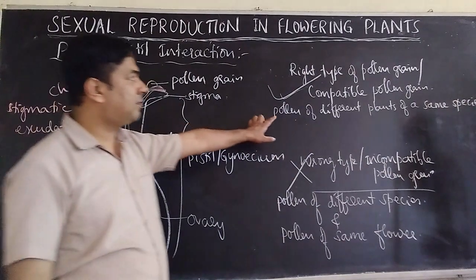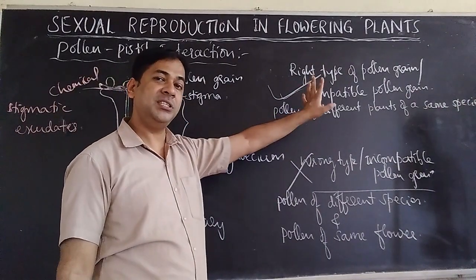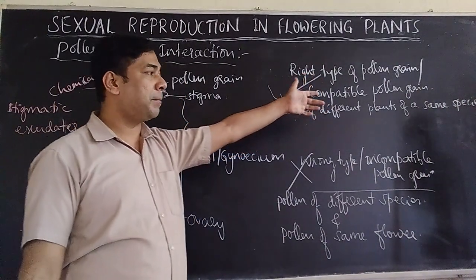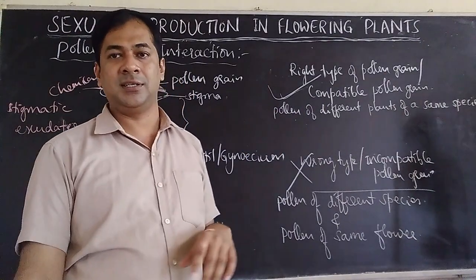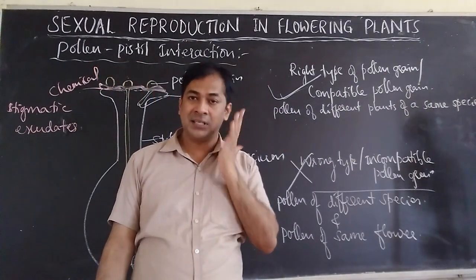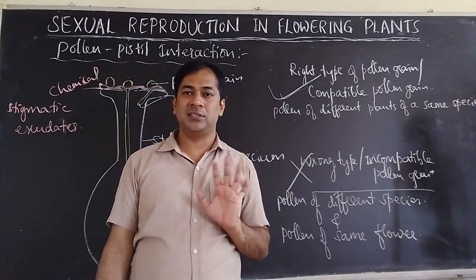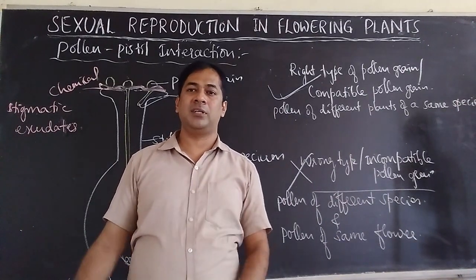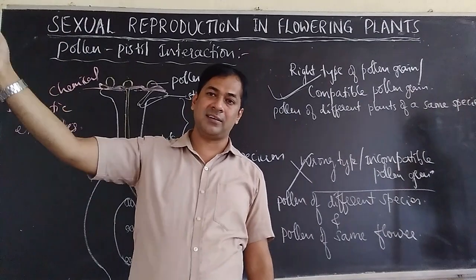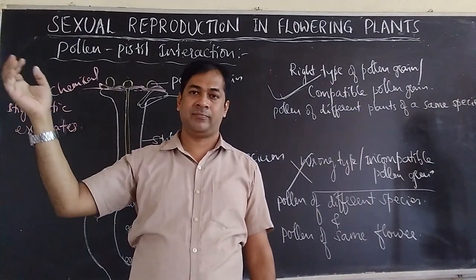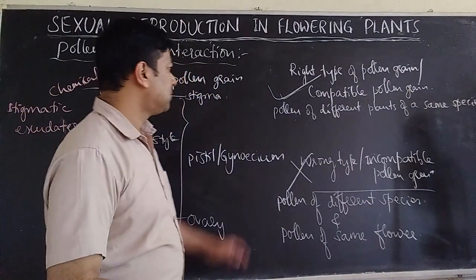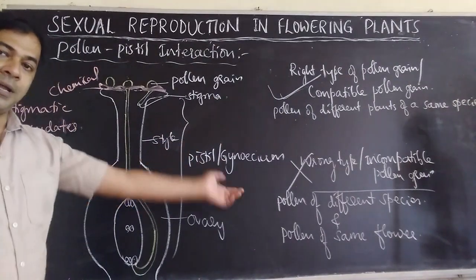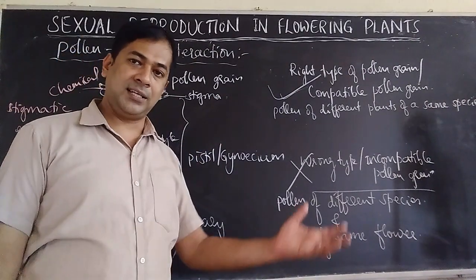Pollen grains of different plants but the same species. Because a plant avoids self-pollination. The plant wants cross-pollination, so one plant requires pollen grains of a different flower or different plant. So pollen grains of a different plant but the same species, it will accept.